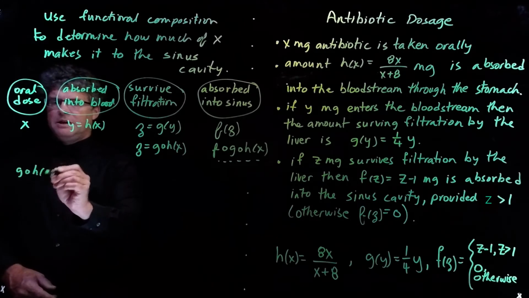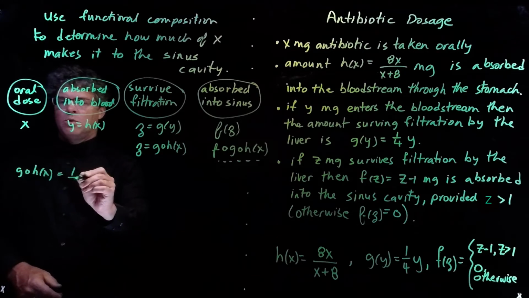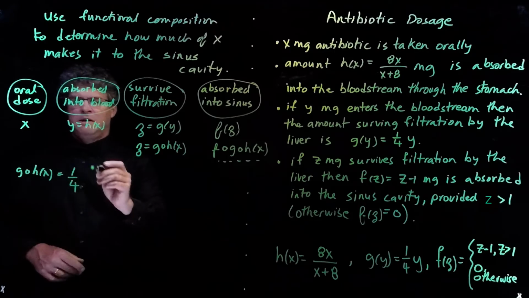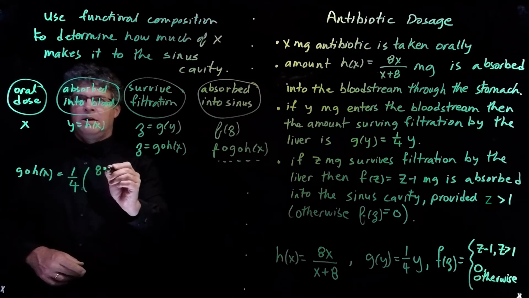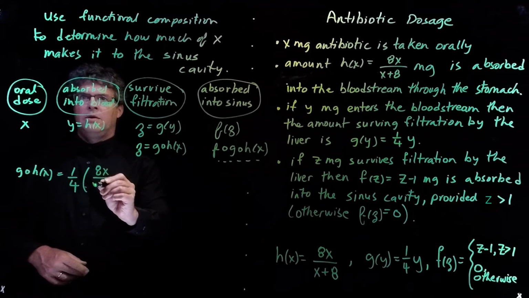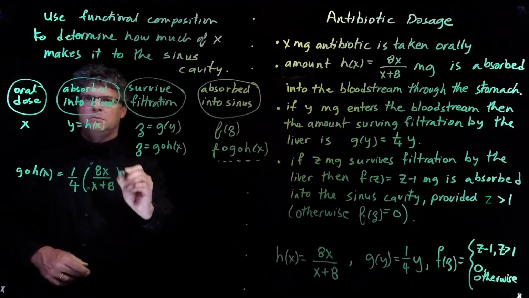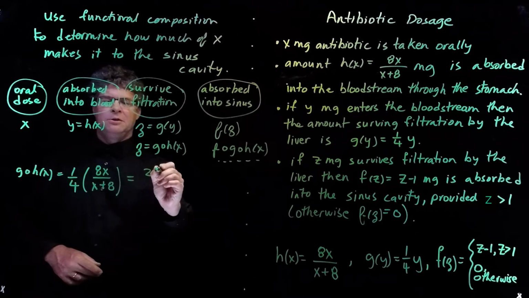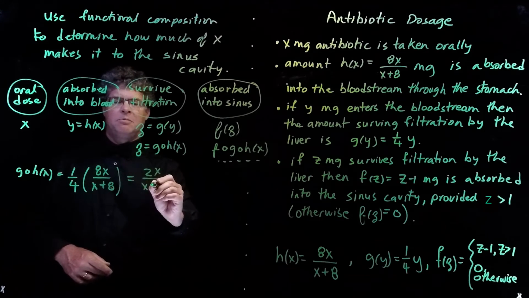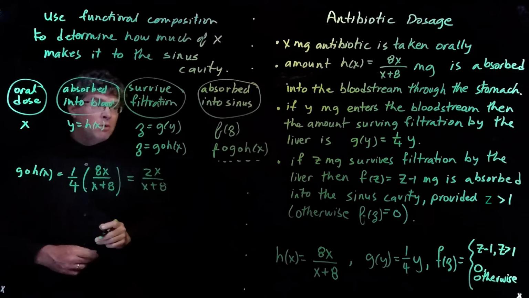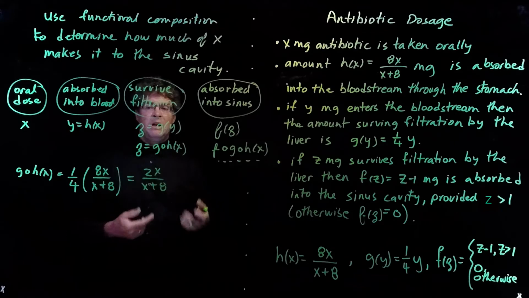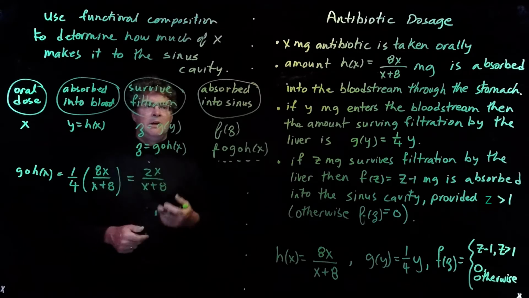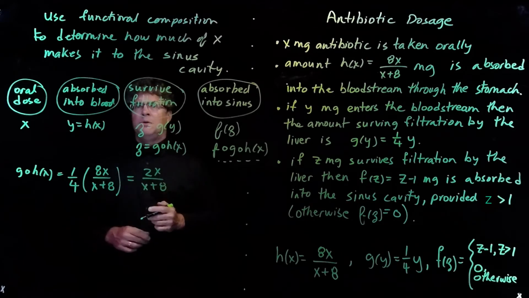G of H of X is a quarter of H of X, which is a quarter of 8X over X plus 8. And we can rewrite that as 2X over X plus 8. Now when we evaluate the function F, we need to know if the argument that goes into it is bigger than 1 or less than or equal to 1.